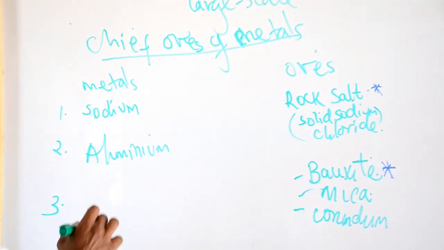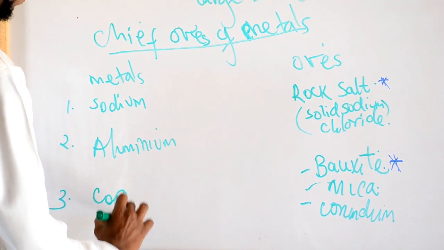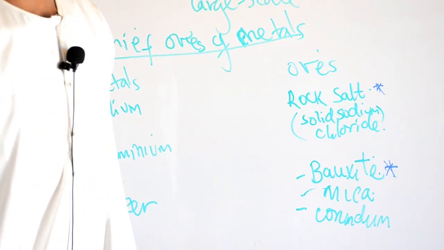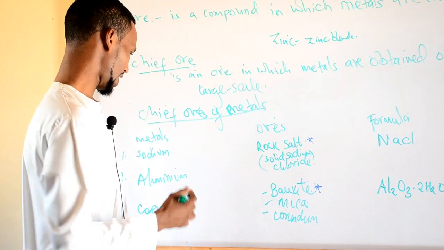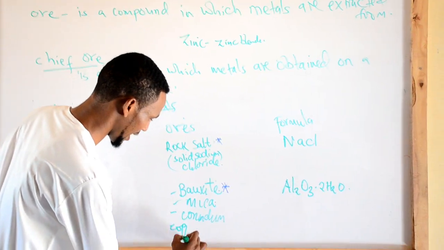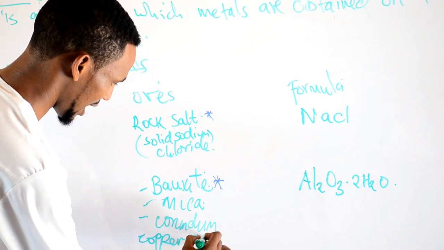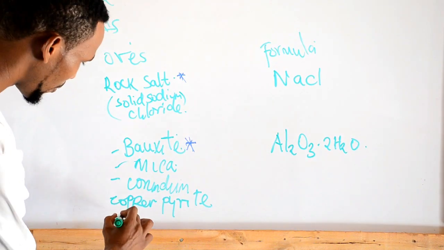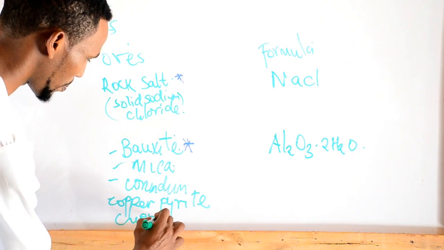The next one is copper. These are the most commonly asked questions. For copper, we have copper pyrite as a chief ore. And then we also have something called cuprite.